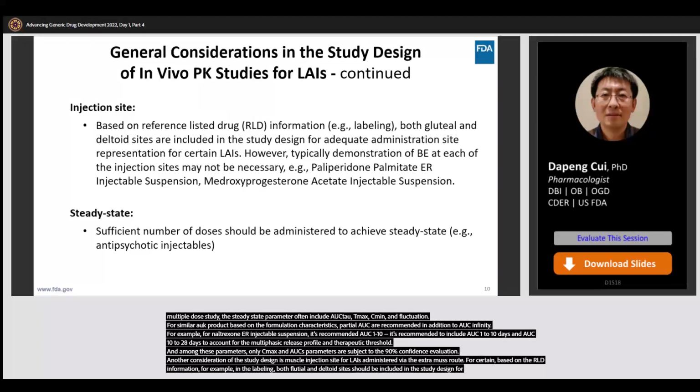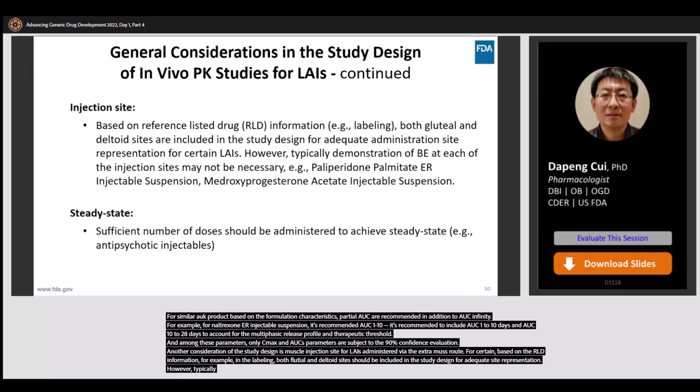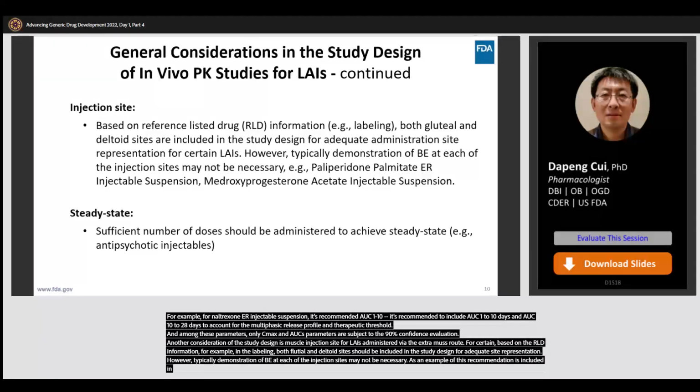However, typically demonstration of BE at each of the injection sites may not be necessary. For example, this recommendation is included in the PSG for paliperidone palmitate ER injectable suspension and medroxyprogesterone acetate injectable suspension.